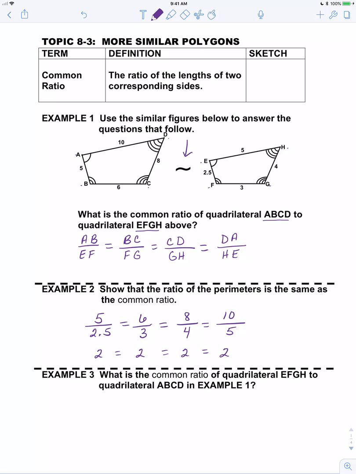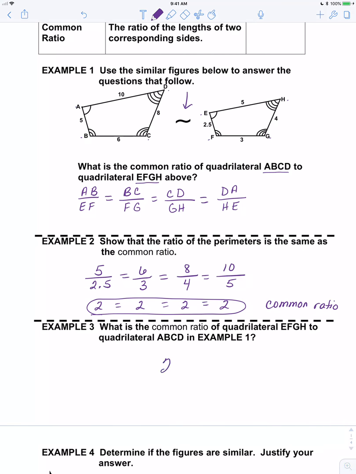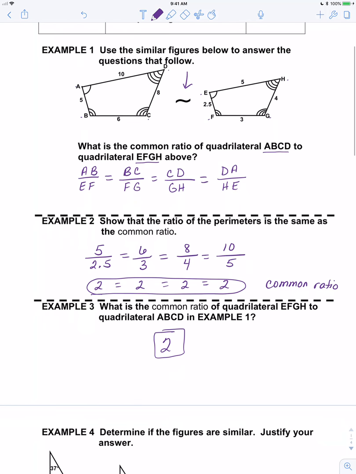So these are all the same. That means we have a common ratio here. They're all 2. And so that would be the common ratio of our quadrilateral ABCD to the quadrilateral EFGH in the example above.